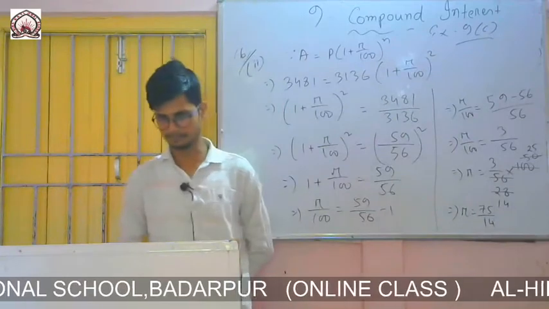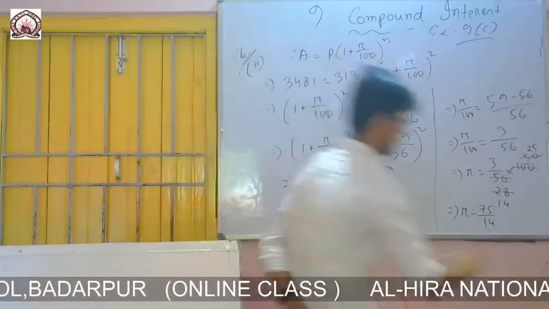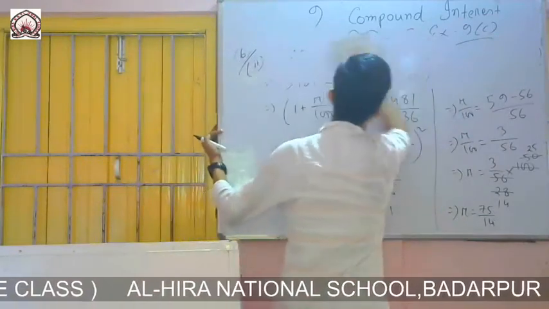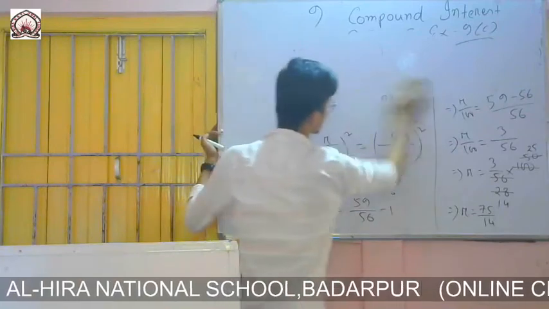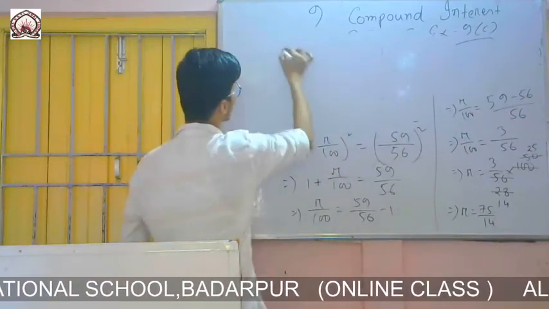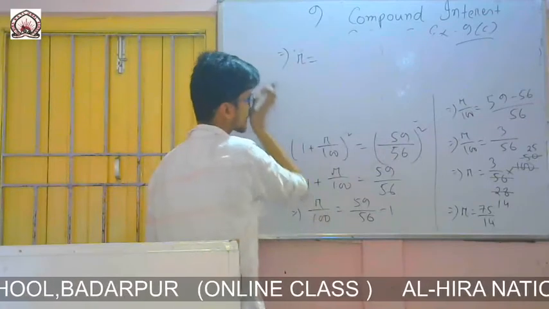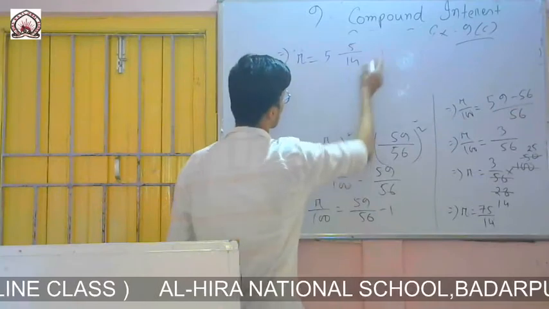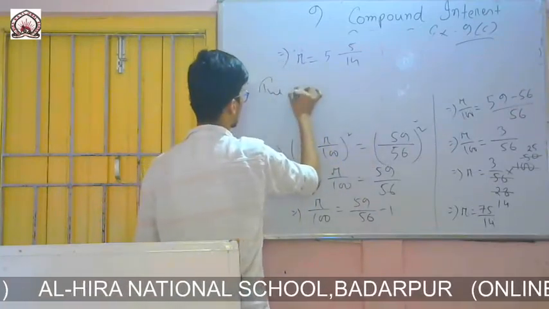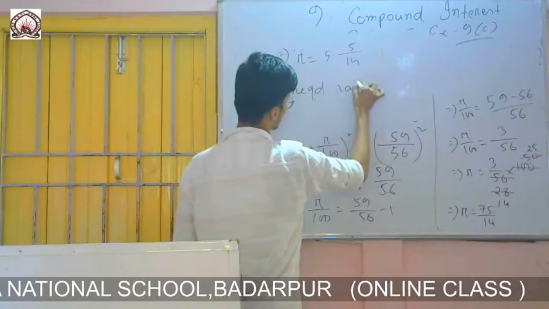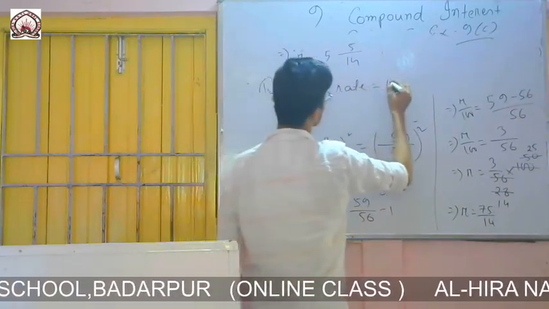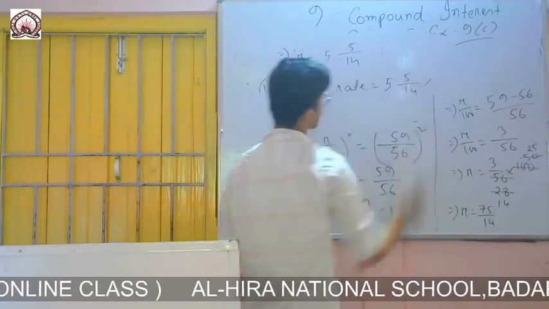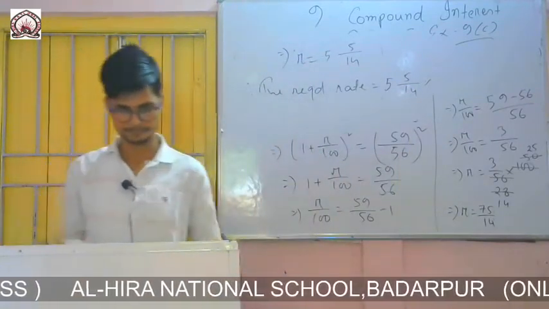After writing this line you write, I can write it as a mixed fraction, 14 5s are 70 plus 5, 75. So therefore the required rate equals 5 by 14%.